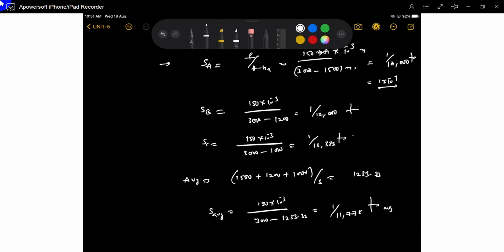This is the average scale. Based on the average scale, you can analyze the photograph.